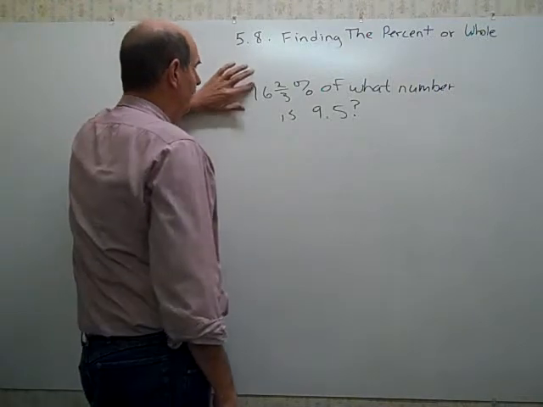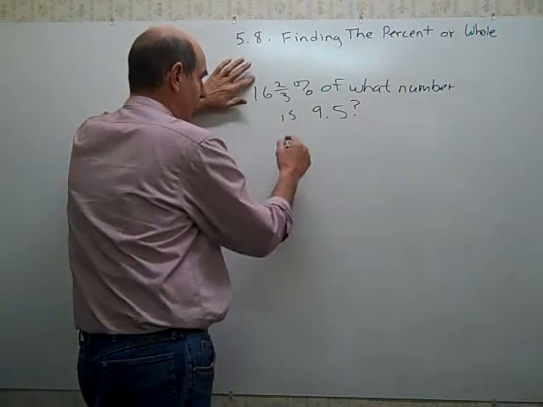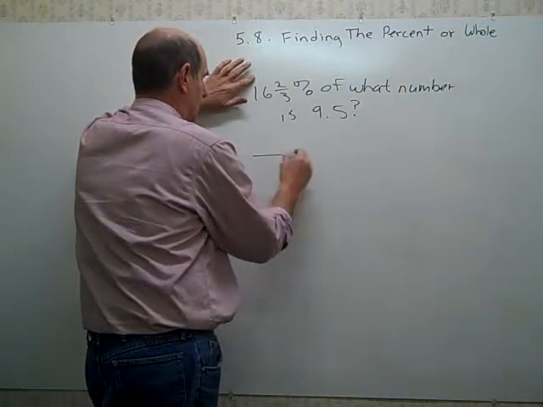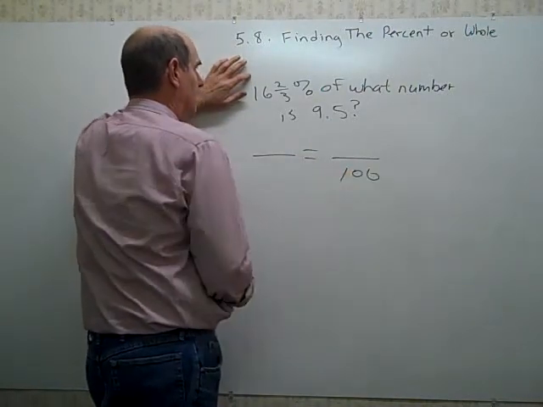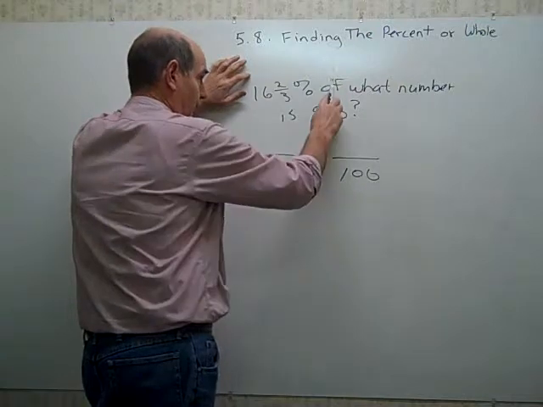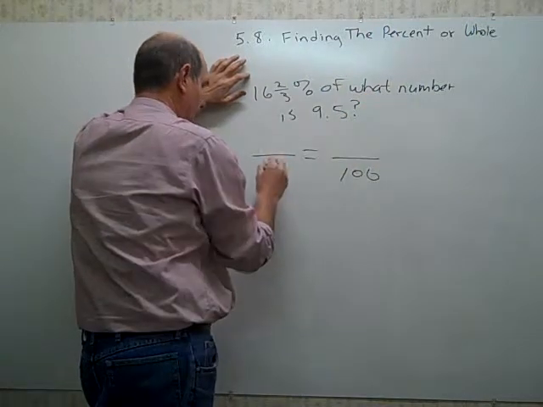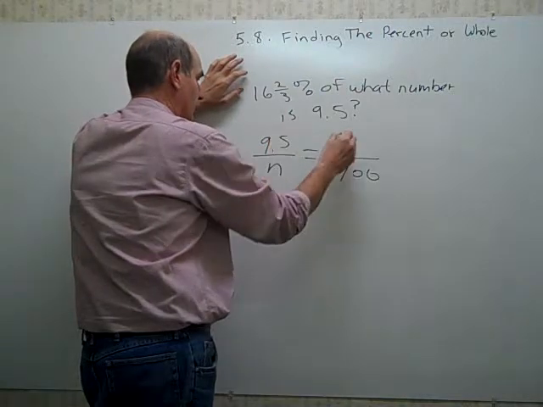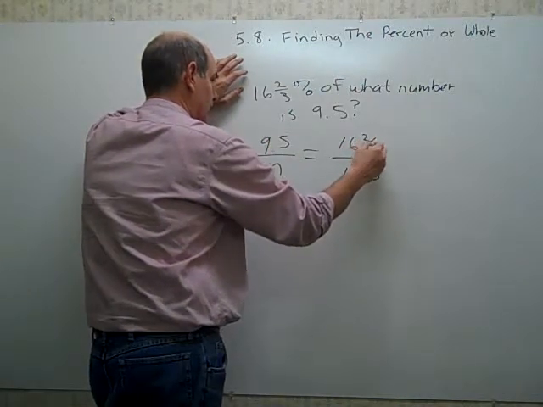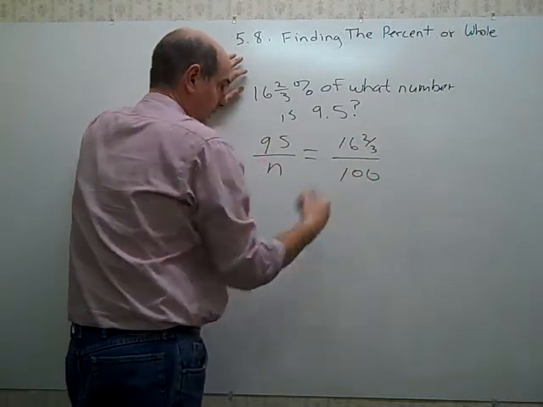Let's just write it out. We write our brackets. We put 100 here. We put of what number, that's the whole thing, and we don't know what that is, so it goes in the slot where a whole goes, which puts 9.5 here and puts 16 2/3 here.